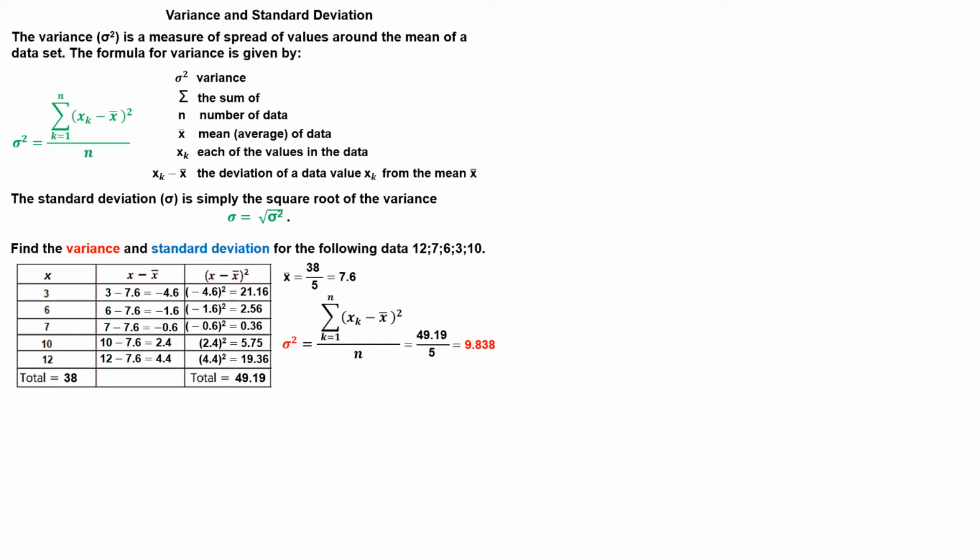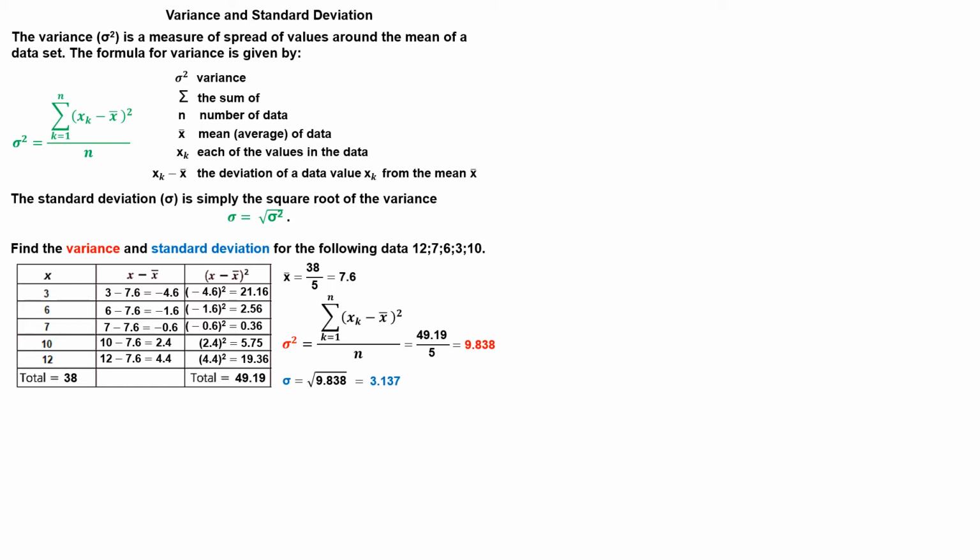So the standard deviation is the measure most commonly used to describe dispersion, because the standard deviation is the square root of the variance, so it returns to the original units of measure of the data set. Finally, take the square root to get the standard deviation.